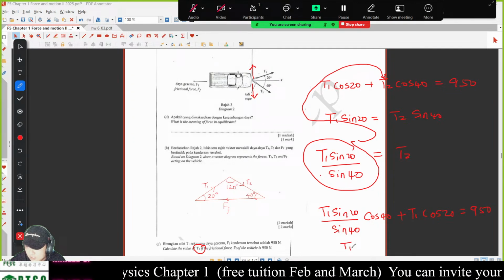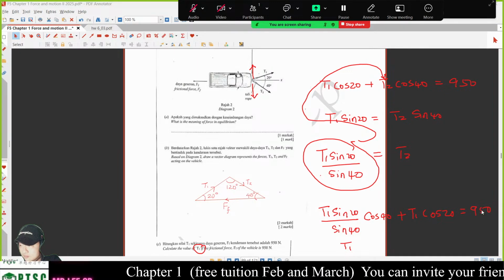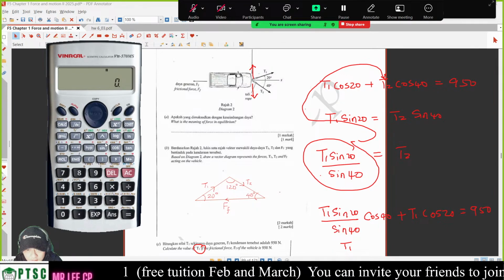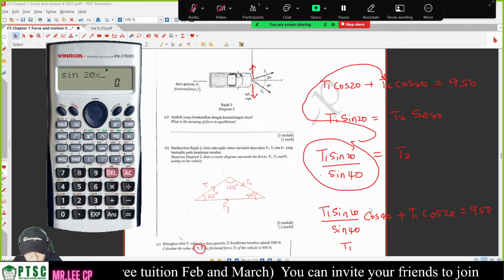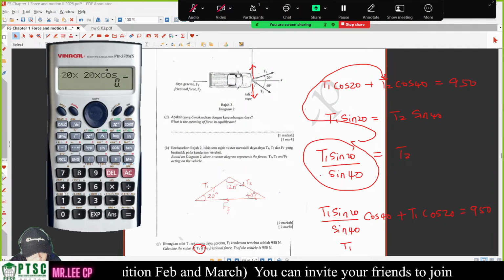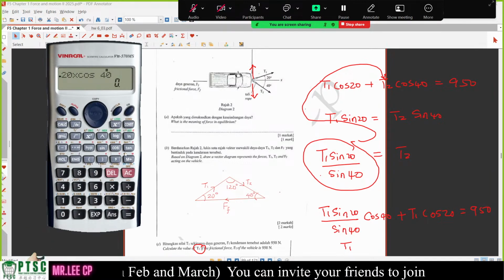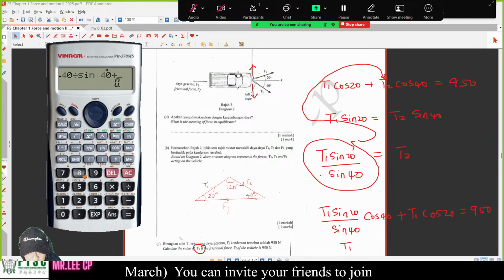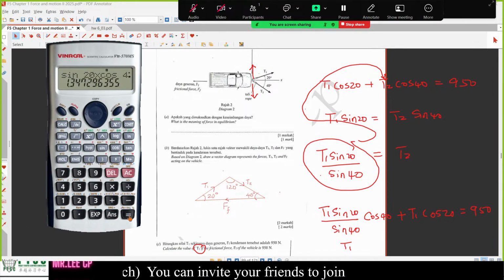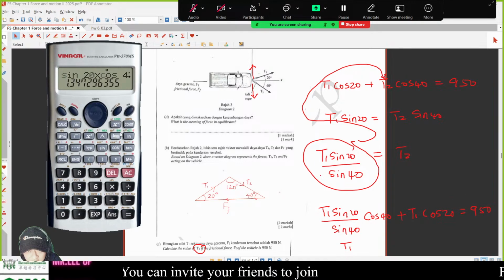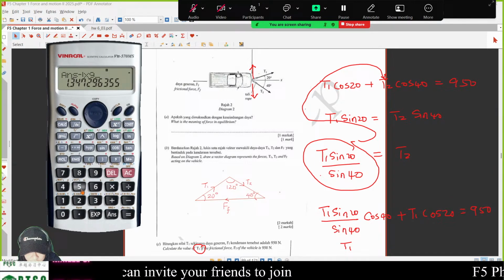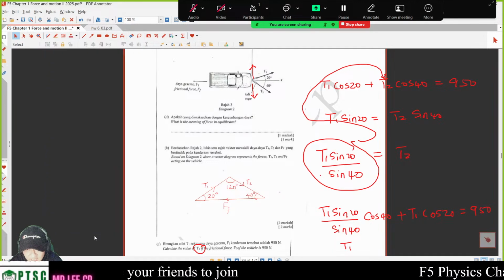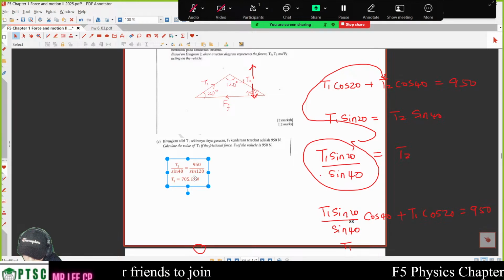T1 is, I press this one first: sine 20 times cos 40 divided by sine 40 plus cos 20. And then 950 divided by this. So I inverse times 950, I'll get 705.11. You get back to the same thing.